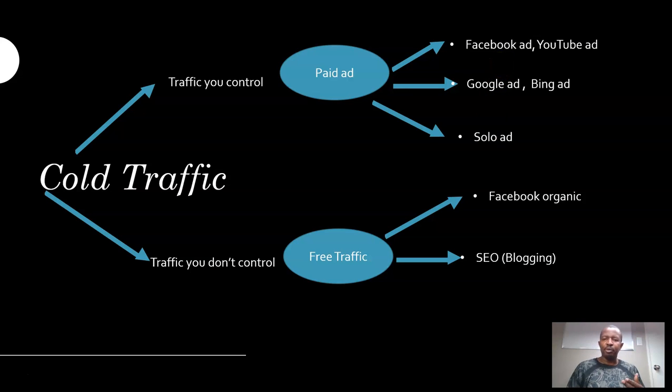For example, you want people from the US only to click on your ad. You can be very precise, very targeted. That's why you control this traffic, because you set up everything you need to make the campaign successful.